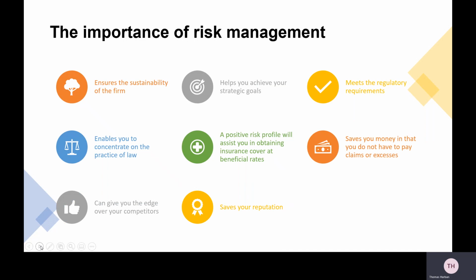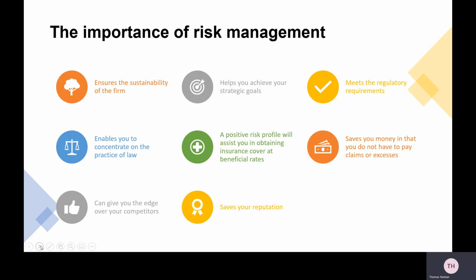And why is risk management important? It ensures the sustainability of your firm, because if you have multiple risks materializing, or even one significant risk materializing, it could threaten the very sustainability of your firm. It also helps you achieve your strategic goals.